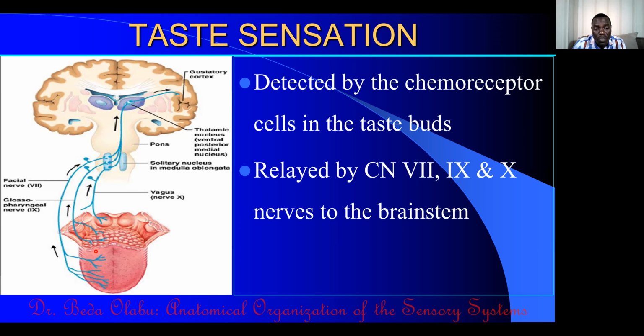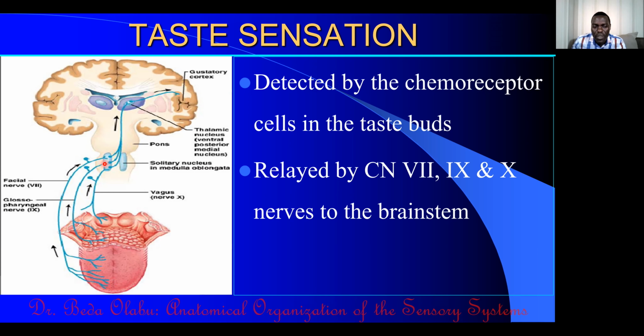The taste buds from the posterior 1/3 of the tongue, the pharyngeal tongue, relay their sensations through the glossopharyngeal nerve, the 9th cranial nerve. Apart from taste buds in the tongue, either anterior or posterior tongue, we also have taste buds around the epiglottis.